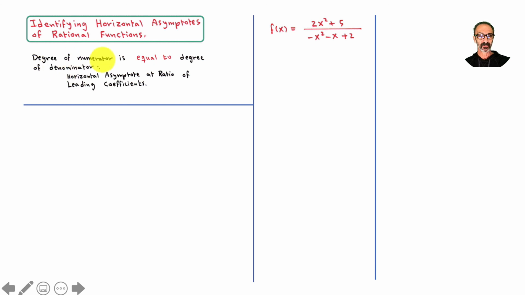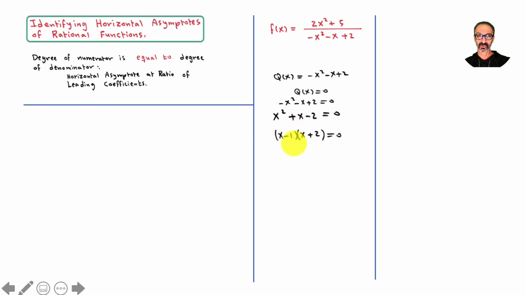The degree of the numerator is equal to the degree of the denominator. Yes, we do that. We have it. Looking at the denominator, which is called q of x, I'm starting with minus, setting it equal to 0. We don't like the minuses, so we could get rid of the minus by multiplying by a negative. Now I have x squared plus x minus 2 equals 0.